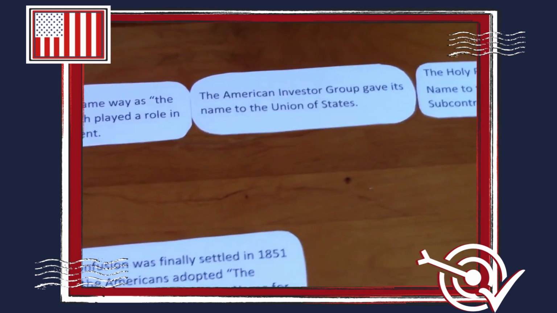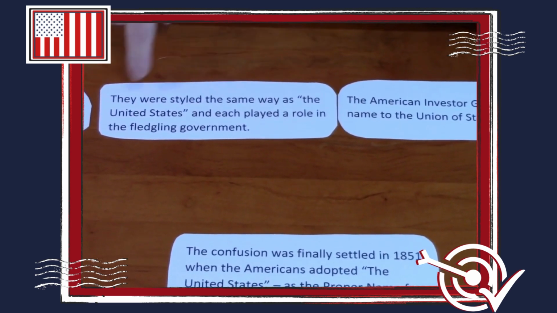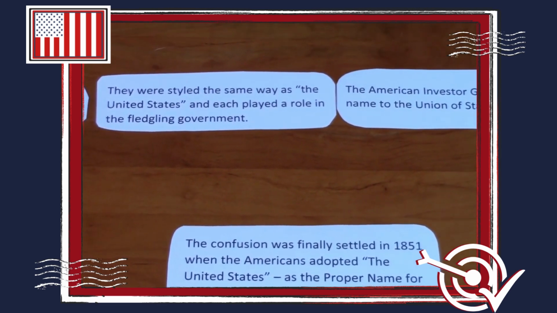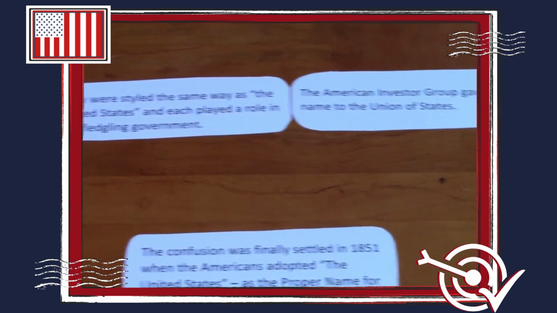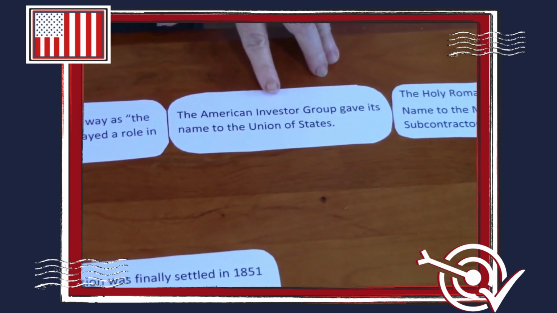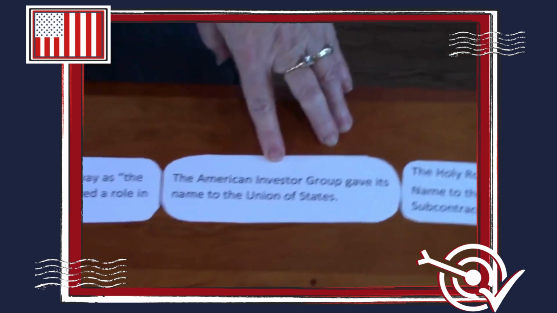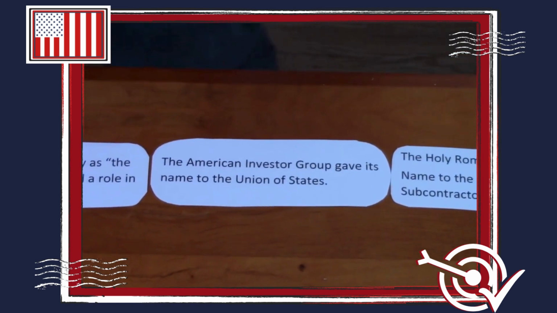They were styled the same way, with a small the, the United States, and each one of these played a role in founding the government. The American investor group, known as the United States, right, went on to form the Union.